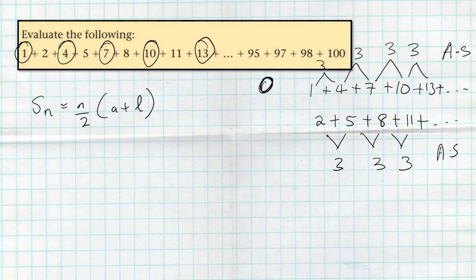So if you check this one highlighted in circle, 1, 4, 7, 10, they are sitting on certain positions: position number 1, position number 3, position number 5, position number 7. So they are sitting on odd positions.